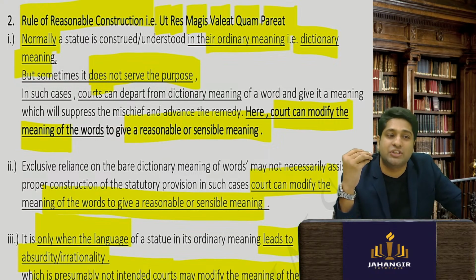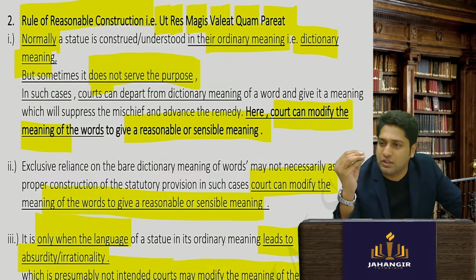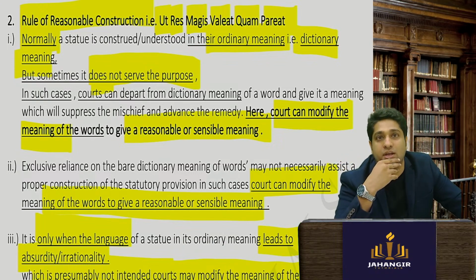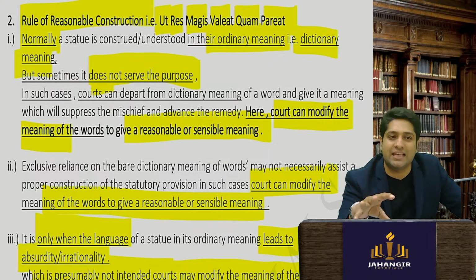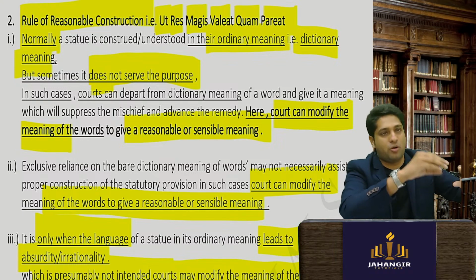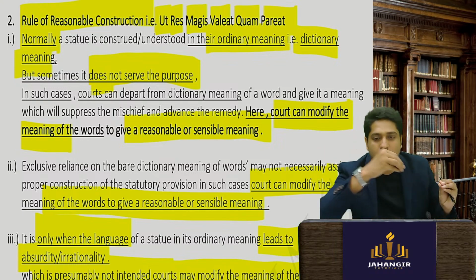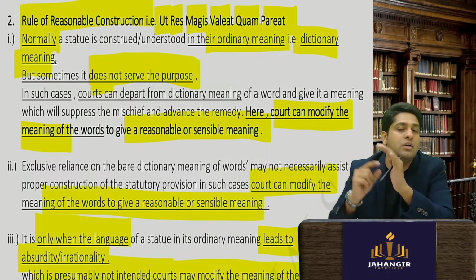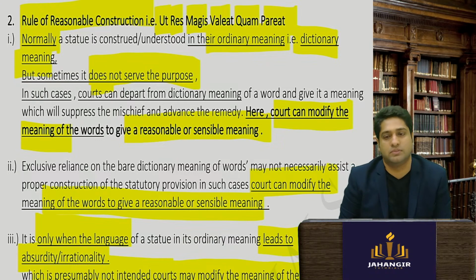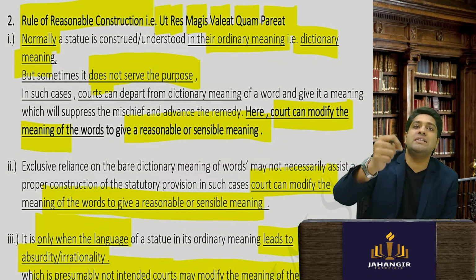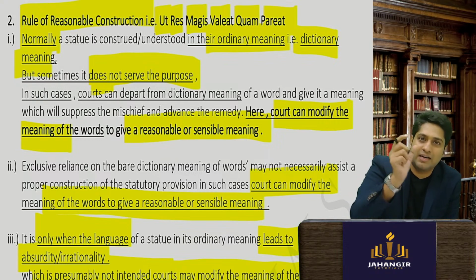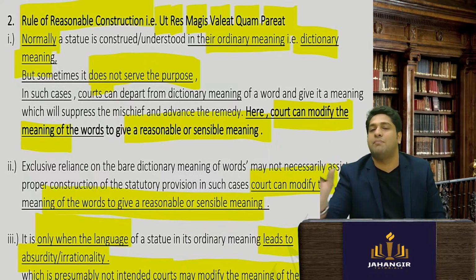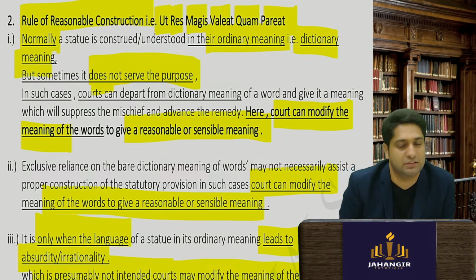But if the dictionary meaning is not giving a correct approach, not giving a rational interpretation, and is leading to absurdity, in that case we will depart from the dictionary meaning and apply a reasonable meaning to the particular sentence. Clear? So easy. When we apply a reasonable meaning by departing from the dictionary meaning, it is called the rule of reasonable construction.